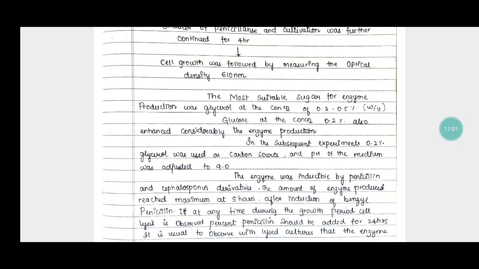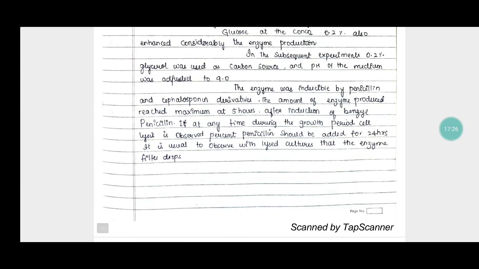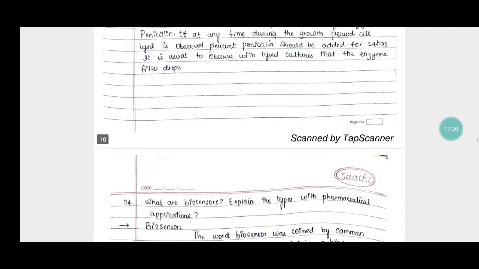The enzymes were incubated with the penicillin and the cyclophosphamide derivatives. The amount of enzyme produced reached a maximum at 5 hours after the addition of benzyl penicillin. If at any time during the growth period cell lysis is observed, penicillin should be added for 24 hours, or it is usually observed that in the lysed culture the enzyme titer drops.